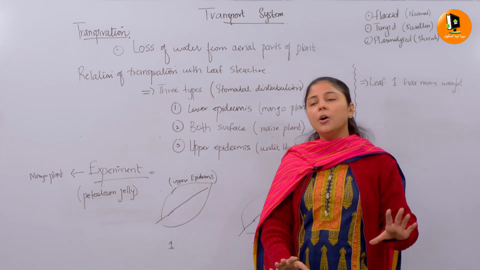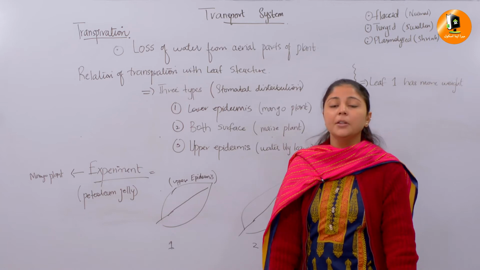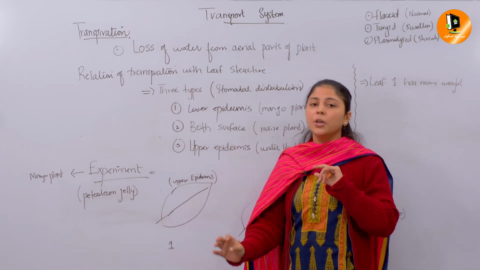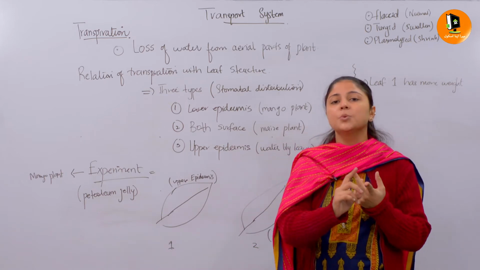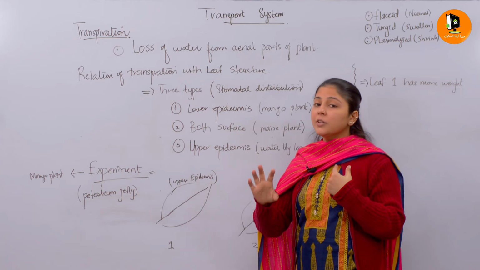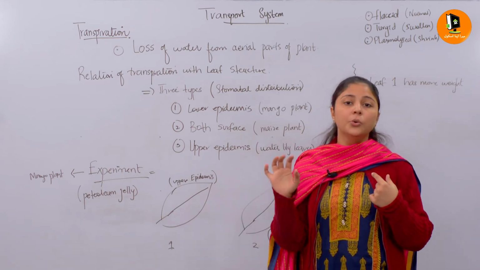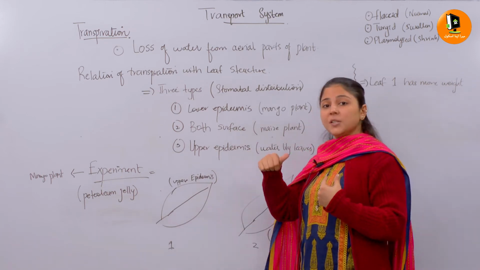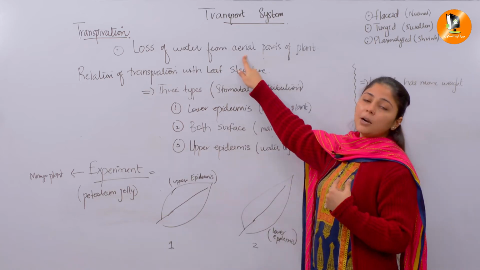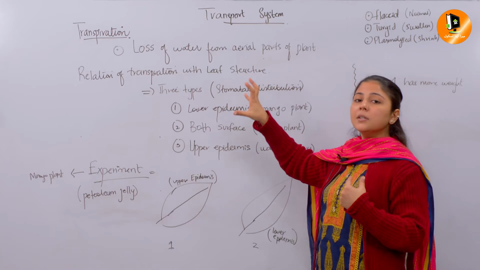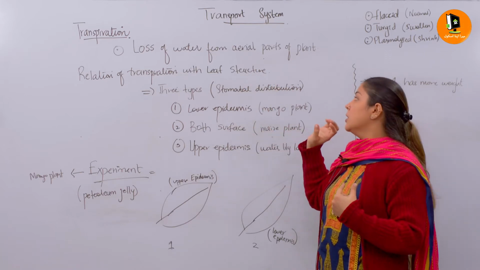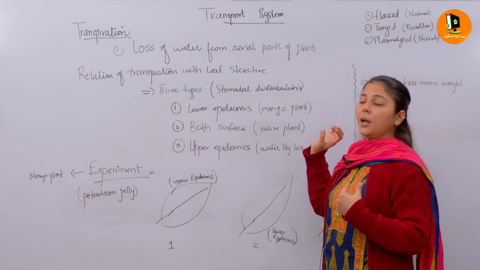I hope you have understood that there are three important concepts in the transport system in plants: active transport, passive transport, and transpiration. Active and passive transport we discussed mainly in the structure of the roots, but transpiration occurs mainly in the aerial parts, the parts exposed to the air.